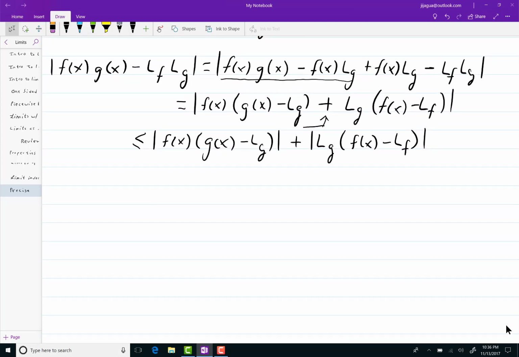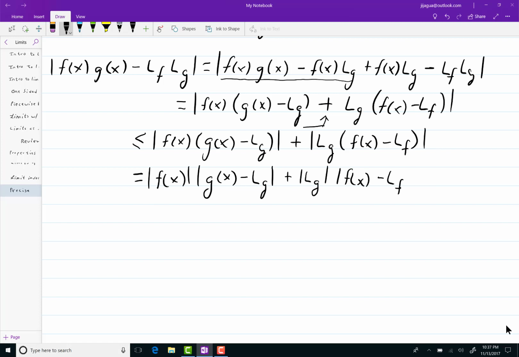Now, that was the triangle inequality there. The next property that I'm going to use is that I can break each of these absolute values up into a product. So I get the absolute value of f of x times the absolute value of g of x minus L_g. And I'll do the same thing with the other one. I'll get the absolute value of L_g times the absolute value of f of x minus L_f.